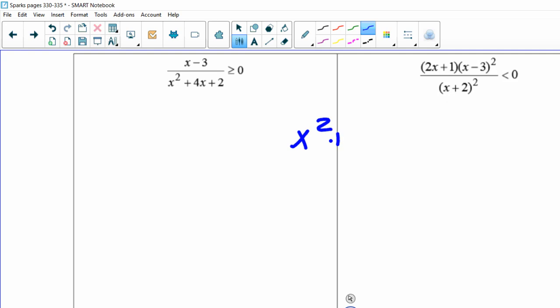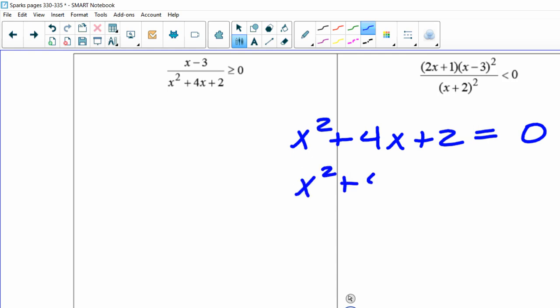I want to know when x squared plus 4x plus 2 is equal to 0. Do you remember when you complete the square, you put the constant on the other side? To figure out how to complete the square, I half that and then I square it. You remember? I get 4.